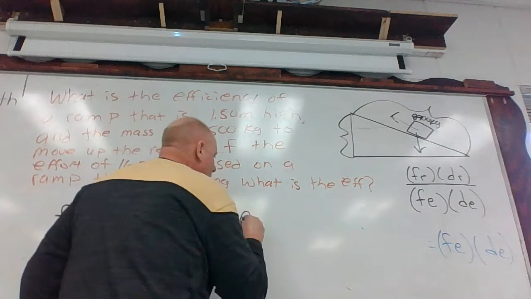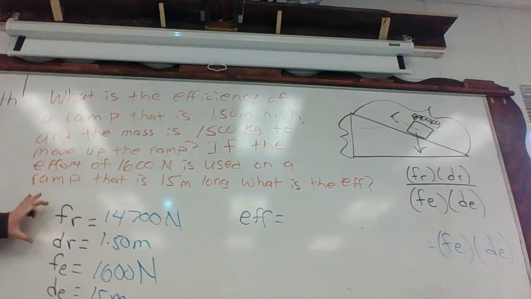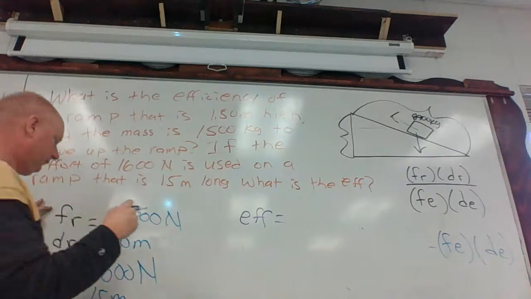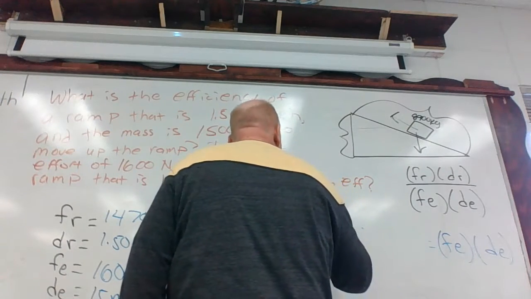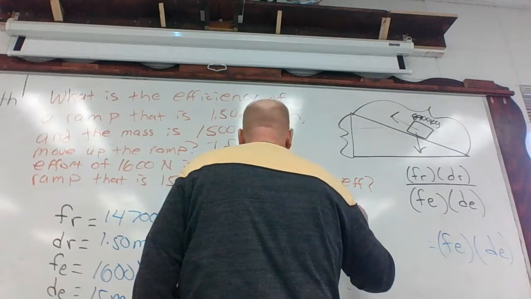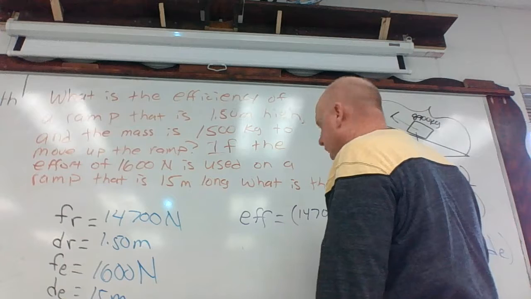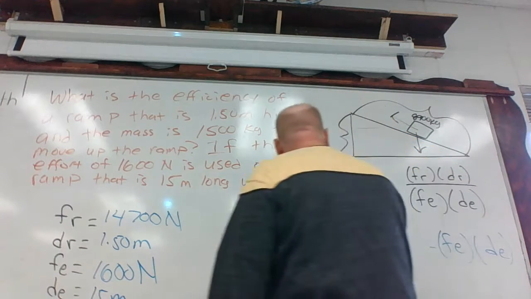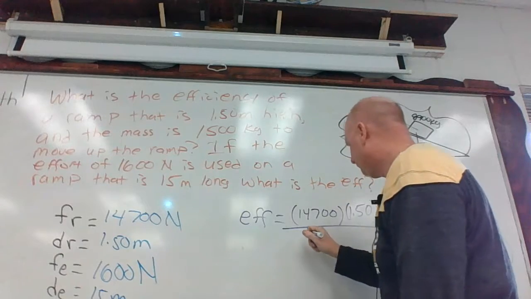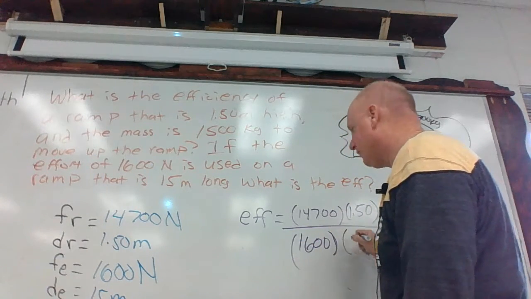Okay, so our efficiency then equals, what do we do with these two numbers? 14,700, okay, times 1.50, and what's on the bottom then? And what do we do with those two numbers?